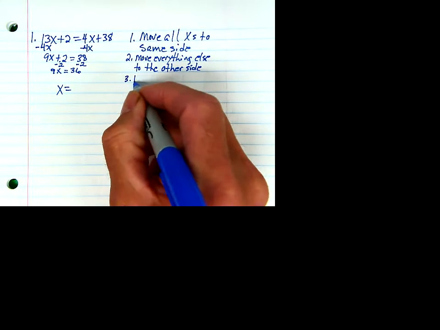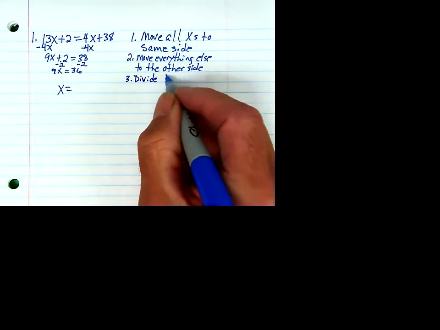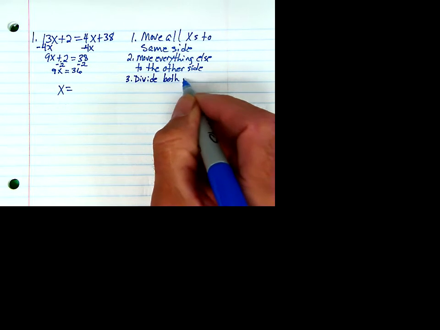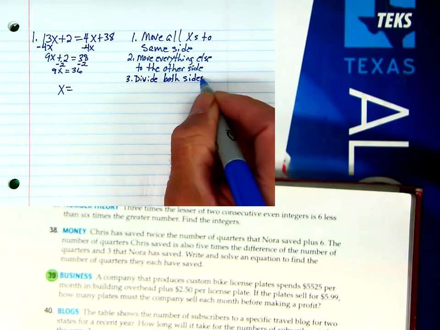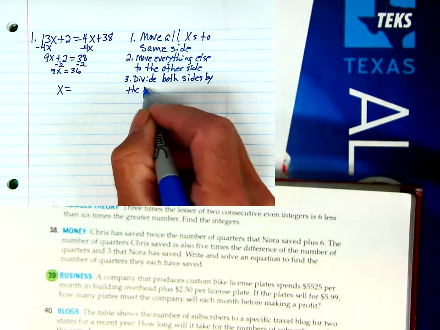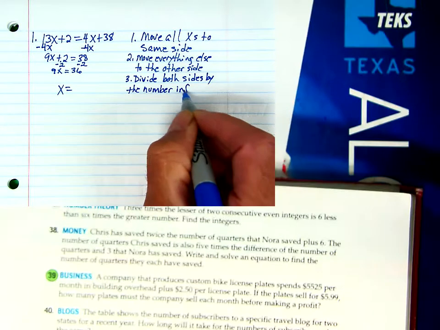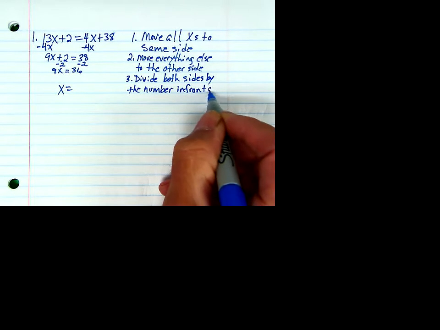The last step, divide both sides by the number in front of x.